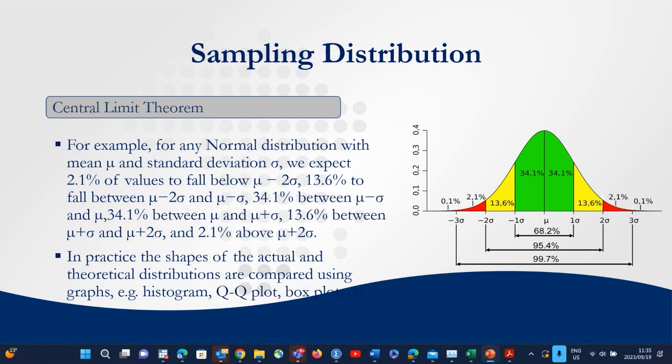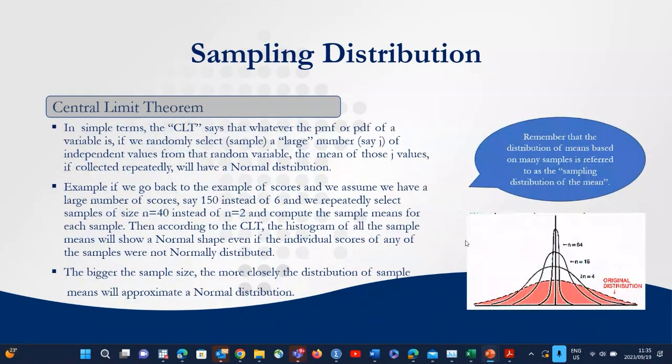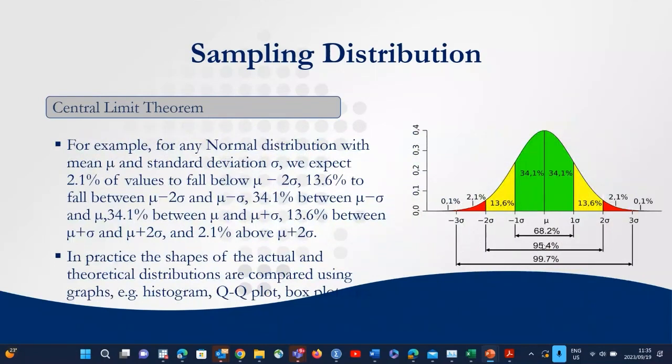So if we say that a distribution is normal, then these are some of the expectations. The numbers vary slightly depending on the source that you are using. For example, in another source, you're going to find exactly 95, not 95.4. Just a caution that there's a slight variation in these percentages, depending on the source.